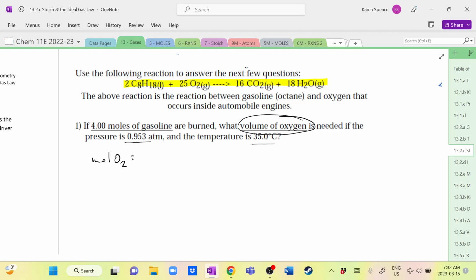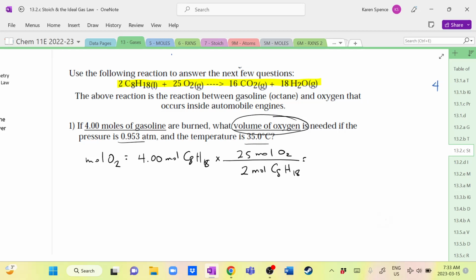Get there first. So we're starting with 4.00 moles of gasoline, which is C8H18. And we want to find the moles of oxygen. So there are 25 moles of O2 for every 2 moles of C8H18.